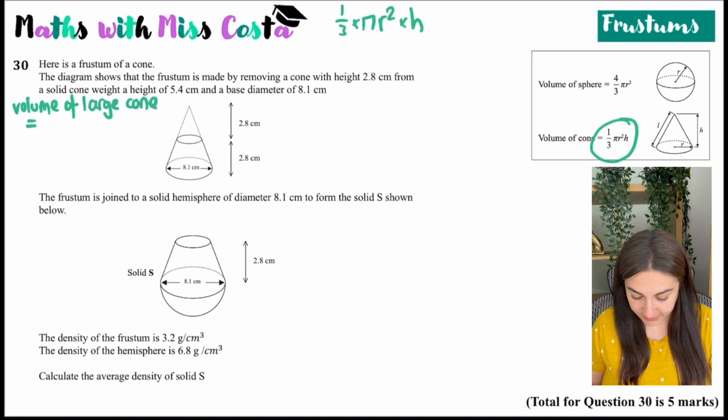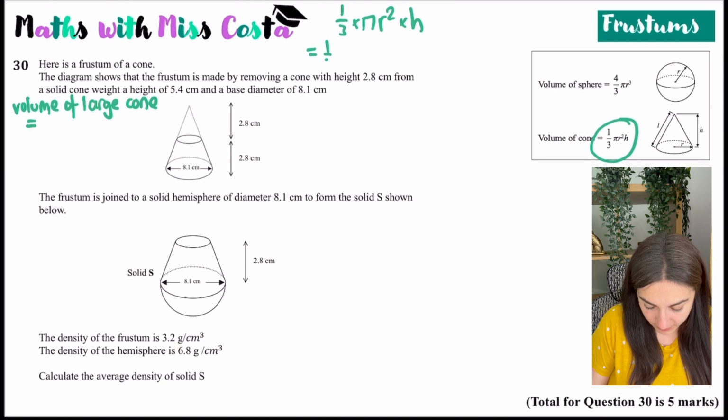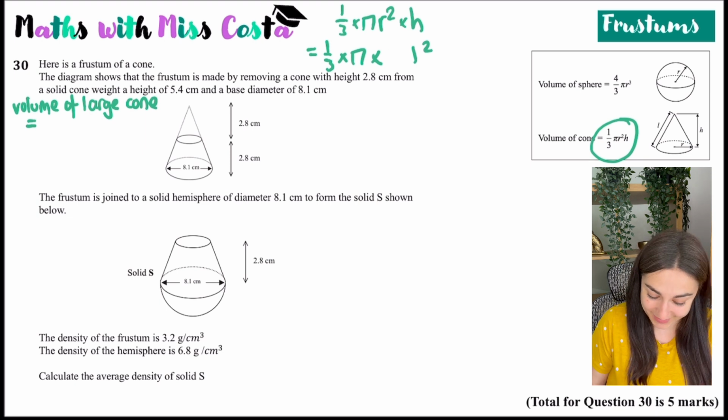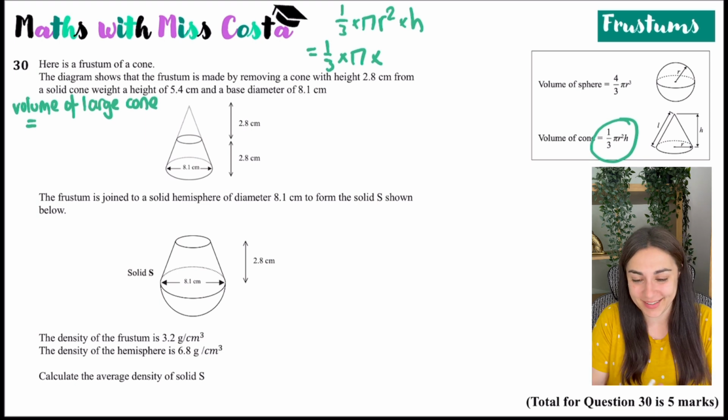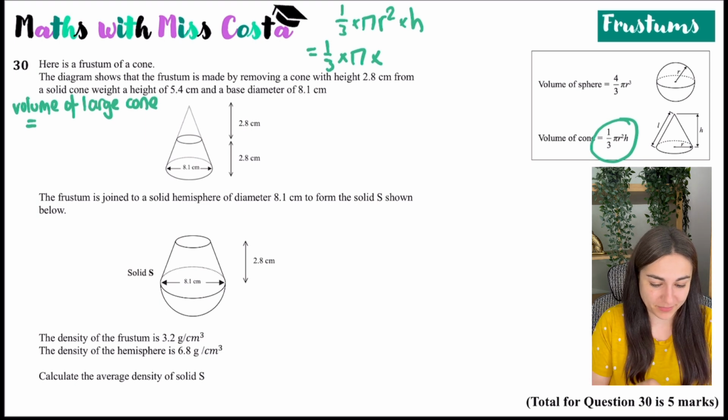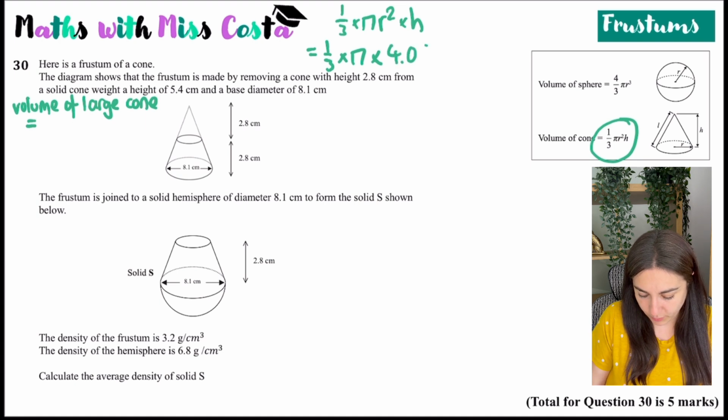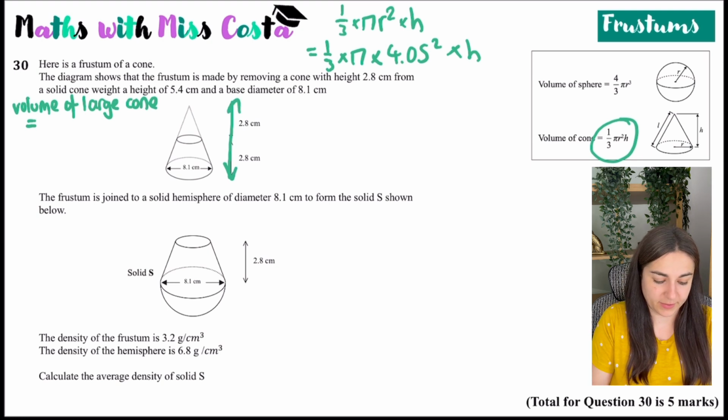I'm going to do 1/3 times pi times 8.1 squared, oh no, I'm not. See, this is where it's good to write out the formula. They want the radius, not the diameter. So 8.1 divided by 2 is 4.05. So 4.05 squared times the height, and the height is going to be all of this. So 2.8 plus 2.8 is 5.6.